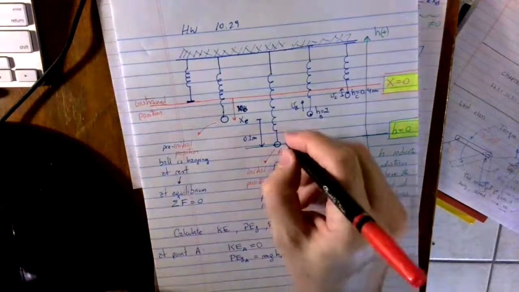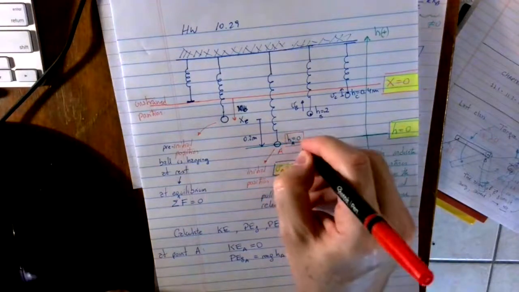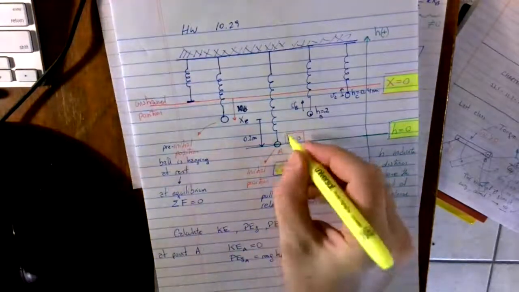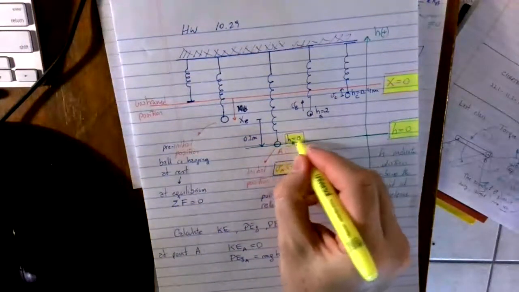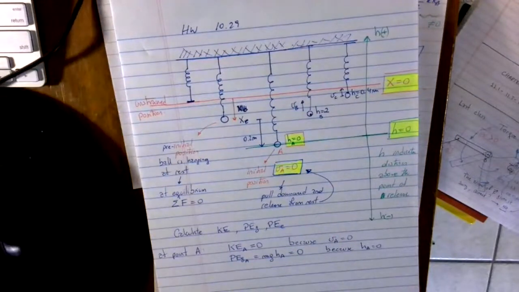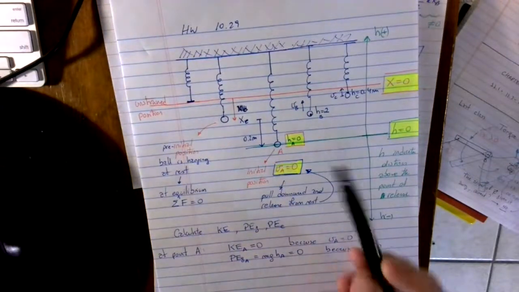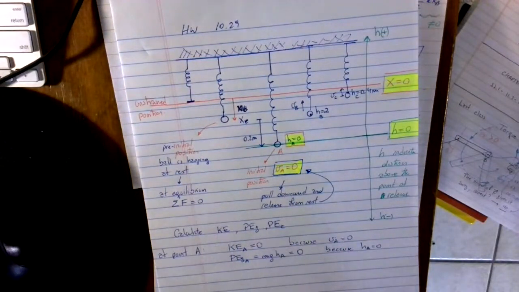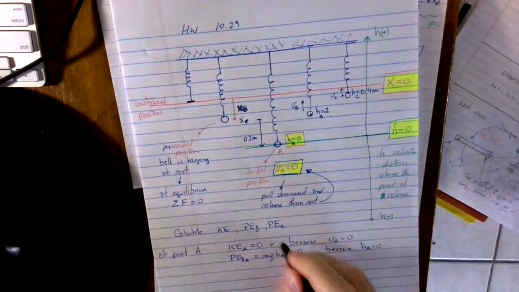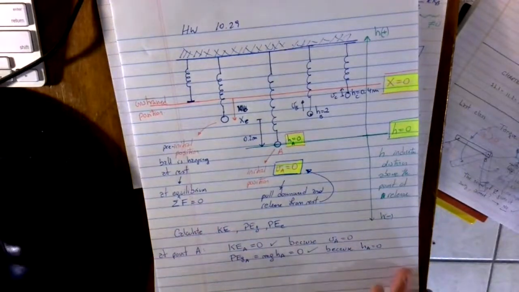Another yellow one here, so now you are seeing the point. We got these two easy ones, 0 and 0. That's actually how we choose the coordinate system, in a way that makes our calculation easy. So 0 and 0, you don't need to calculate anything.